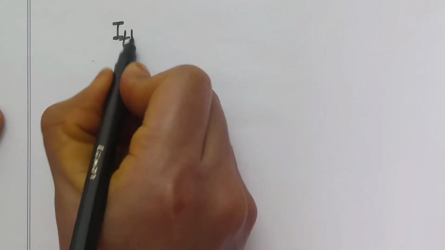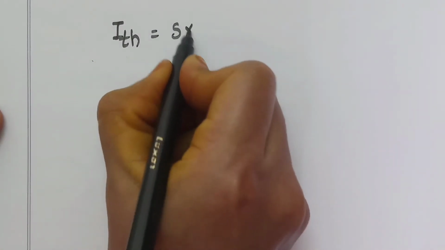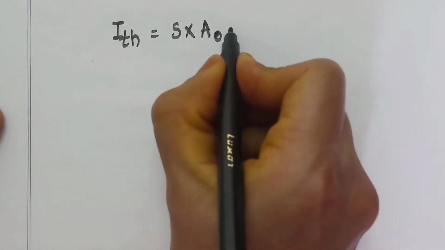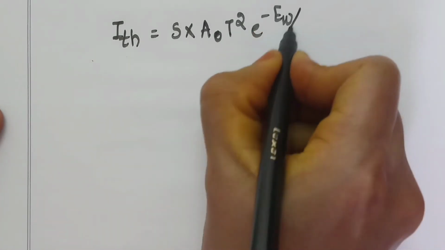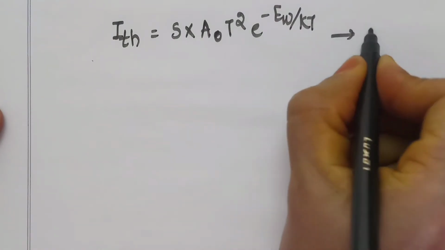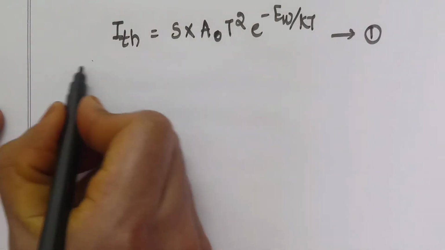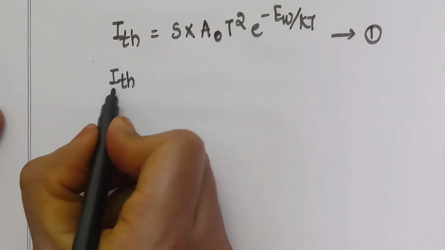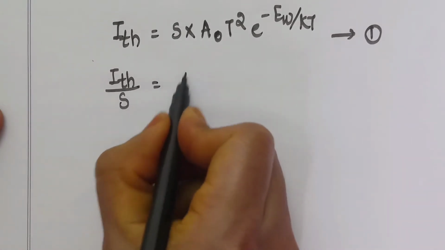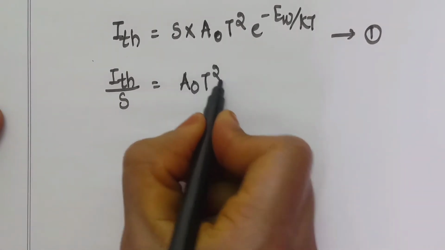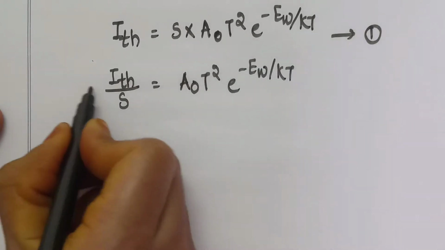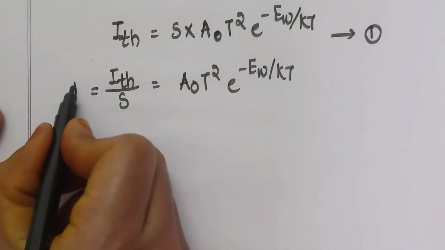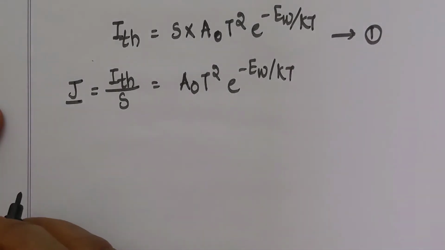The thermionic current I_th is given by I_th is equal to S into A0 into T square into e power minus EW by KT. Let us say this is equation number 1. We can rewrite this equation as I_th by S is equal to A0 T square into e power minus EW by KT, where I_th by S is equal to J, which is called the current density.